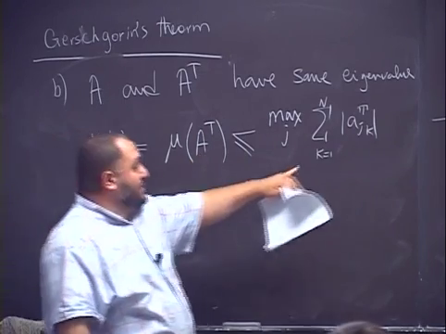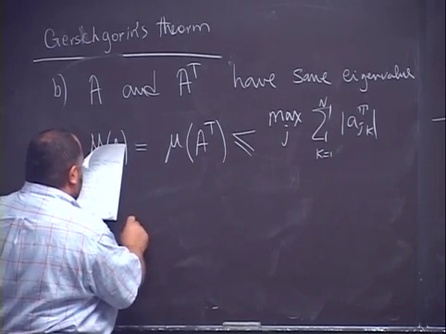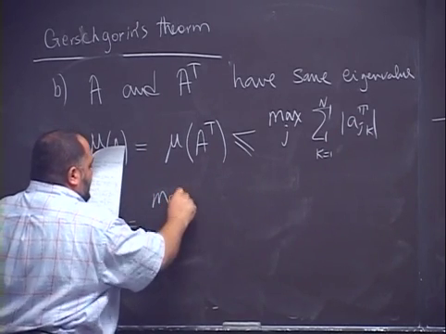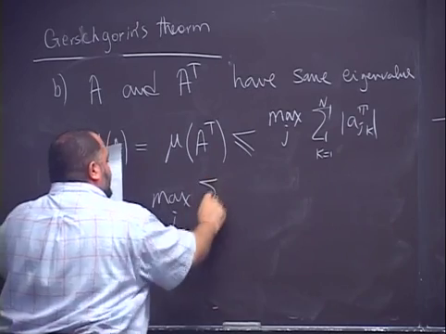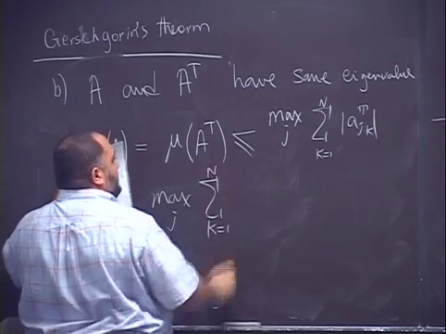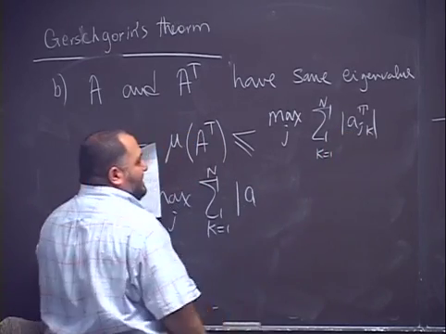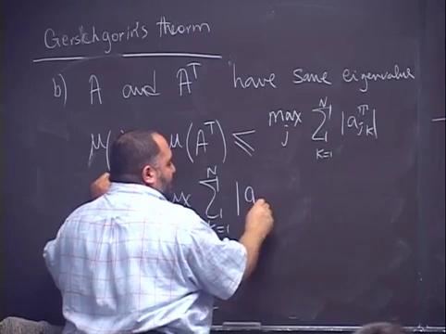So it will be a_jk transpose, and this will give me the maximum over j for the summation over k equal to 1 to n, and then what's the transpose of the element? a_jk will be a_kj.